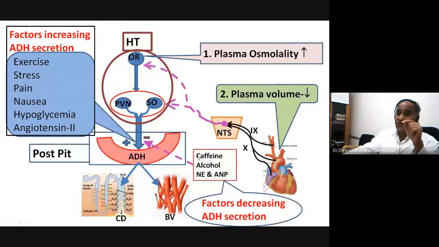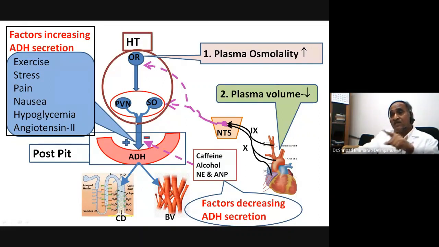What is this phosphodiesterase? Cyclic AMP is inactivated by the phosphodiesterase into 5'-AMP. Now, caffeine is a phosphodiesterase inhibitor, so in the distal tubule also it blocks.